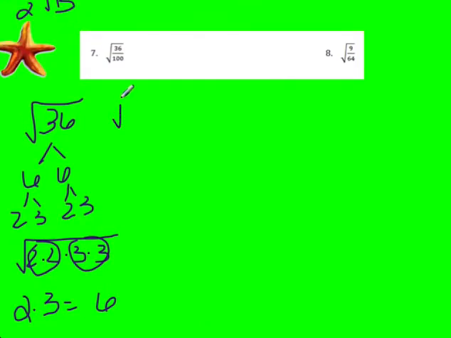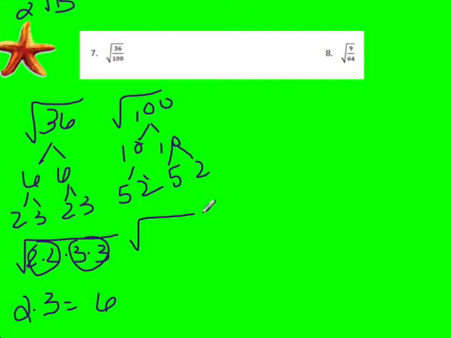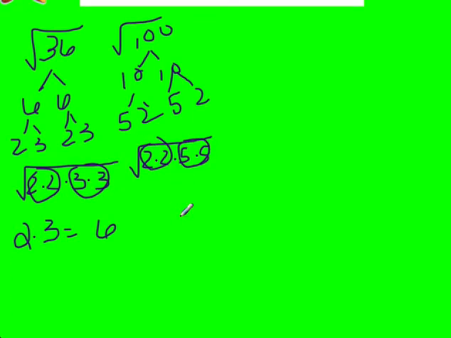Next, let's take a look at the square root of 100. We're going to break 100 down to 10 and 10, and 5 and 2, and 5 and 2. Remember, there are multiple different ways you can do this. Then, left underneath the radical, I have 2 times 2 times 5 times 5. So I have a pair of 2's and a pair of 5's that I can take out.